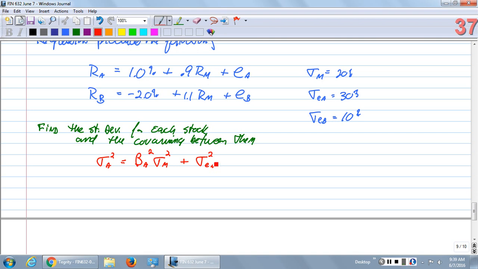Well, from our regression we see the beta is 0.9, so that's going to be 0.9 squared. We're told that the standard deviation of the market is 20, so that's going to be 20 squared. We're also told that the standard deviation of the firm specific risk is 30%, so that's going to be 30 squared.